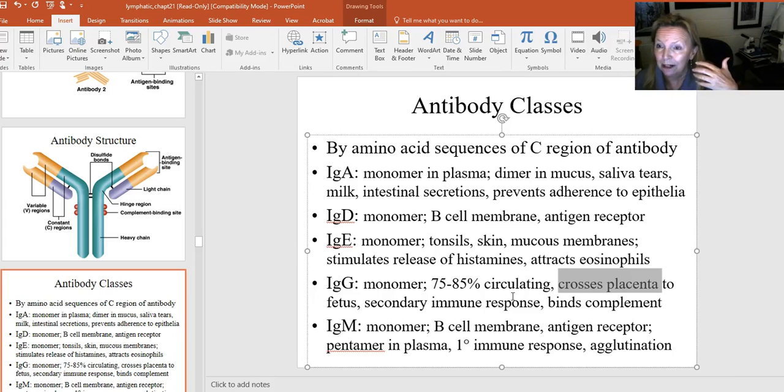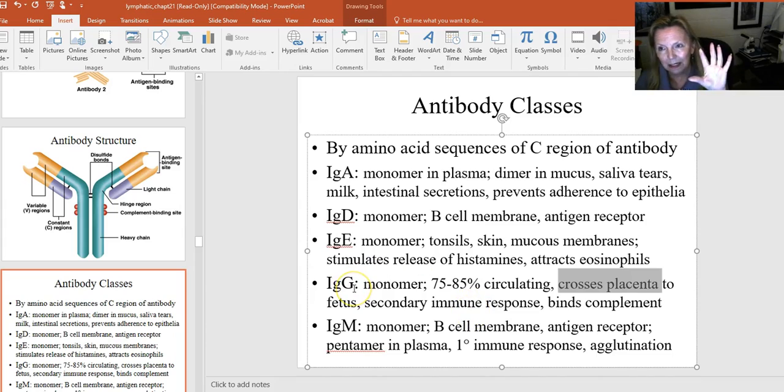It won't hurt her fetus because her fetus is protected. Now, if she doesn't have antibodies, and she ends up getting measles, mumps, rubella, chickenpox while she's pregnant, and she doesn't have protection, that virus is one of the ones that can cross the placenta and be devastating to a fetus.